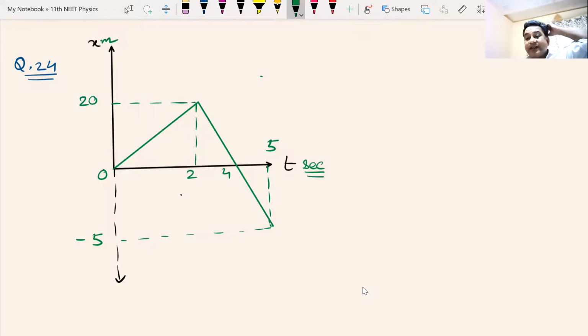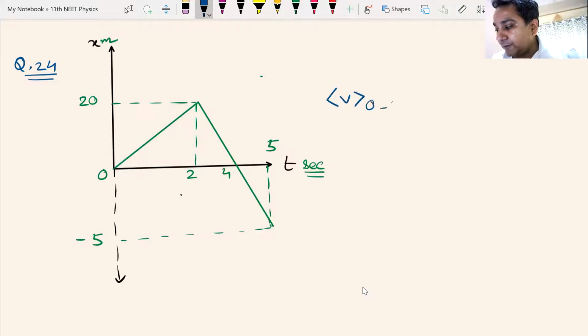So the question is very simply, what is the average velocity from 0 to 5 seconds? Average velocity from 0 to 5. Anyone with an answer? Anyone who understands how to do this? Now, average velocity was total displacement divided by total time.